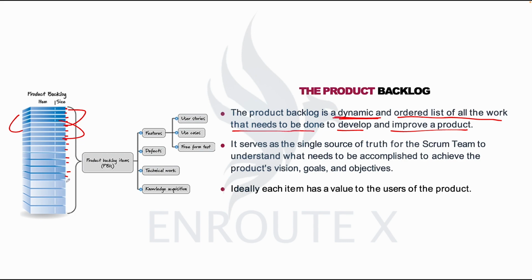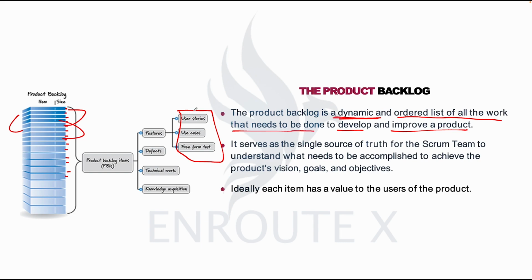Something that is flexible, that is dynamic, that is not static, that is improving. You could come back again to reorder your stories based on need. You could create more stories. You could take out old stories.